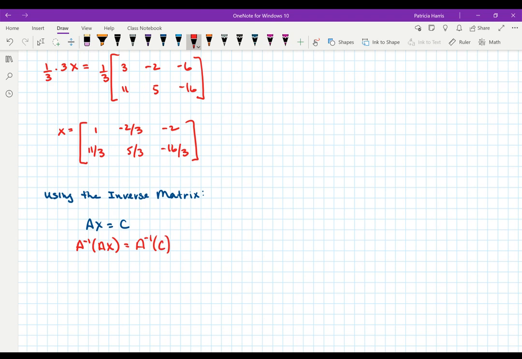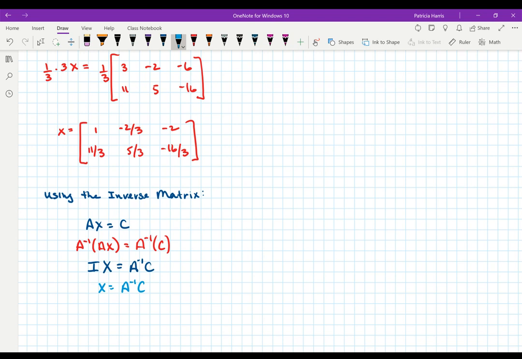That's because matrix multiplication is not commutative. If you multiply a matrix by its inverse, you get the identity matrix. And then the identity matrix times x would just be x, so this would be your answer.